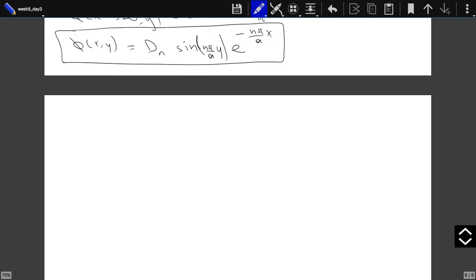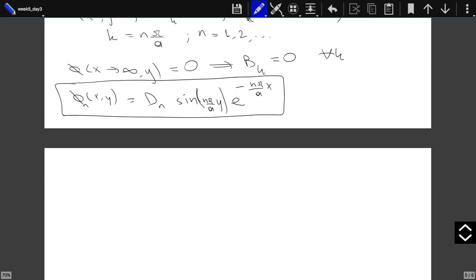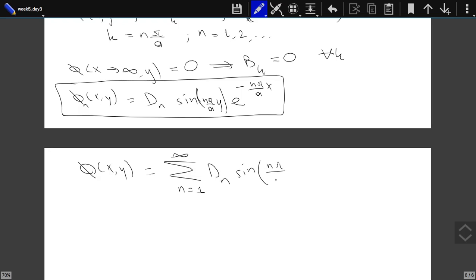But note, let me write phi of x, y, as the sum over n from 1 to infinity of d_n sine n pi over a y, e to the power minus n pi over a x.